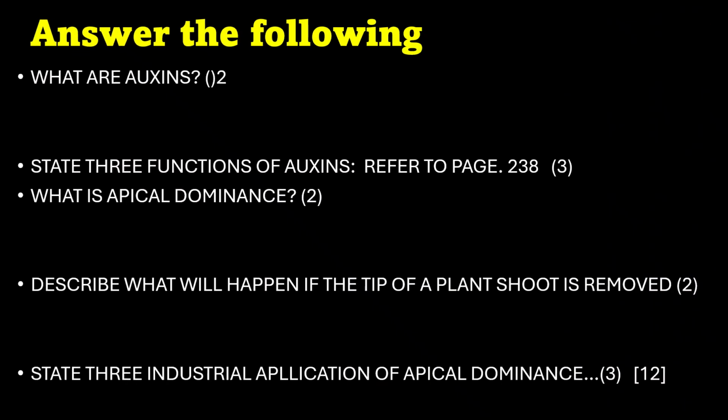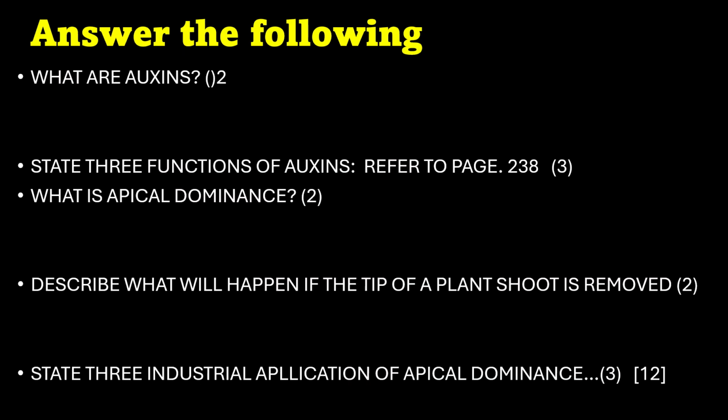Then we go on to the following. So here is a slide activity based on the presentation we have done so far. The first question is asking, what are auxins? You have to know we have been looking at plant hormones so far. So what are auxins? You can use 1 minute to answer it. And then we go on to the next question.